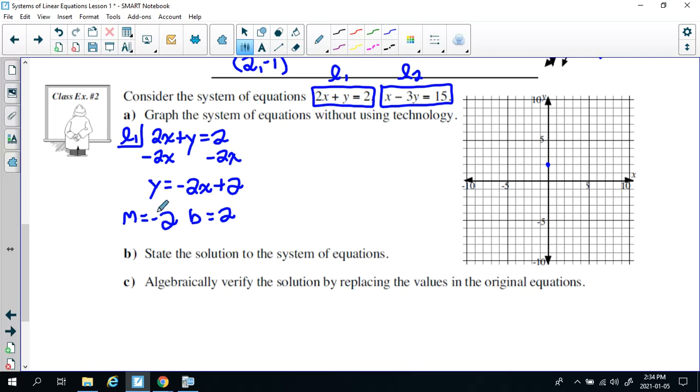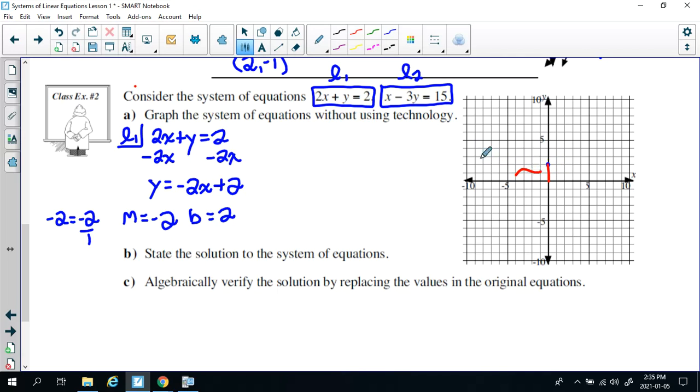And then to draw the slope triangle, to get a slope triangle that have a slope of -2, what we could do is we could write down a rise of -2 divided by a run of +1. So let's do this in red. Okay, so a rise of -2 means go down by 2. So we're going to go down here.